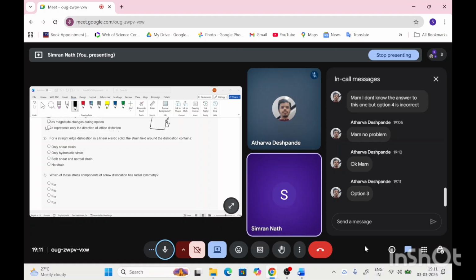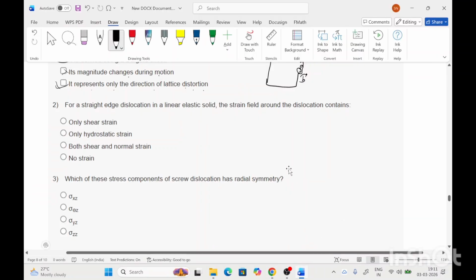Option 3, both shear and normal strains. Yes, so both shear and normal strains come for an edge dislocation.